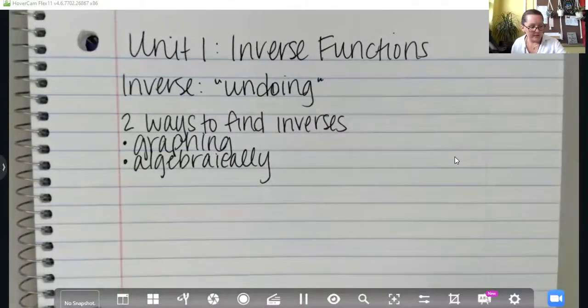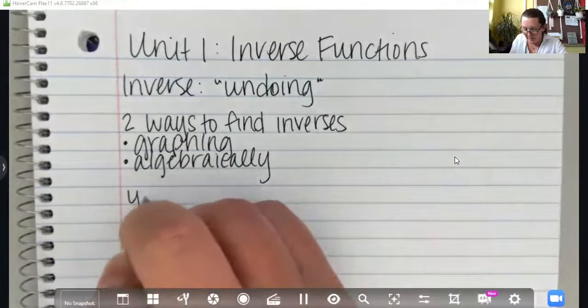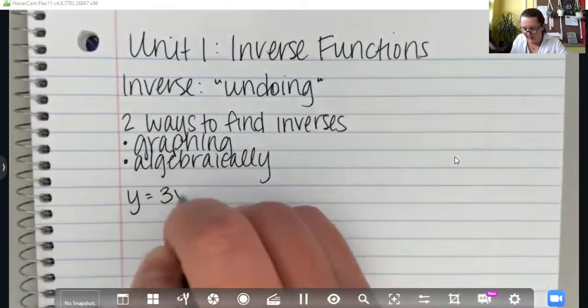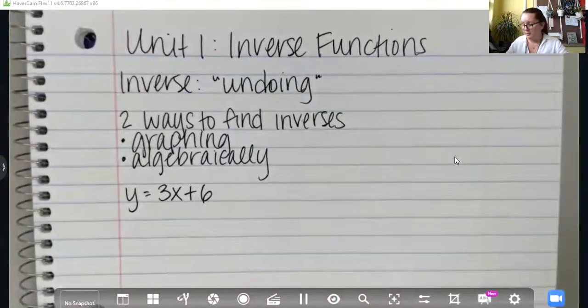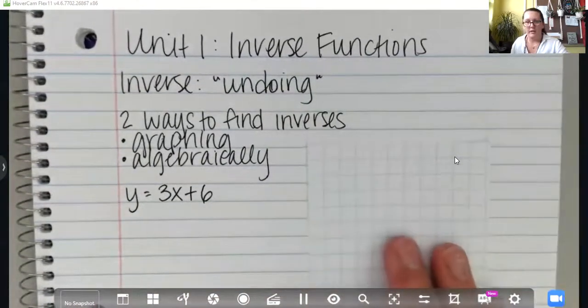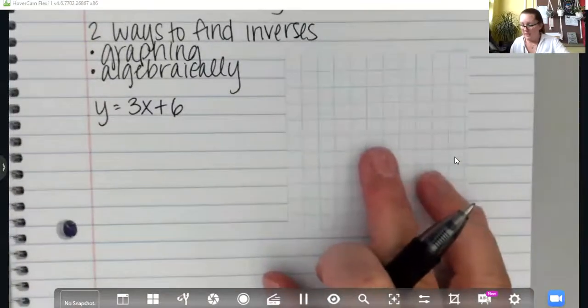So let's say that we have a function, let's call it y equals 3x plus 6. I'm going to graph it here, and let's find a table of values that fits our function.